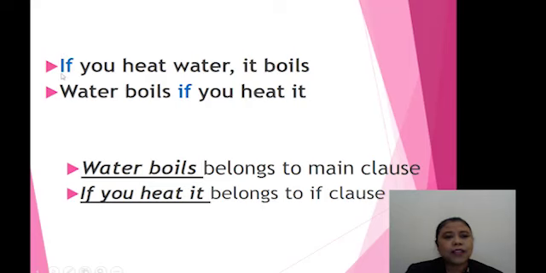If you put if clause in front, so you have to put comma before the main clause. But if you put main clause in front, and then after that if clause, you do not need to put comma. Water boils belongs to main clause, and if you heat it belongs to if clause.